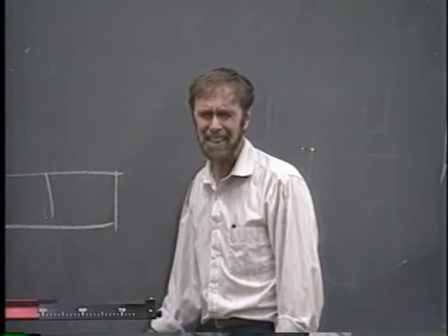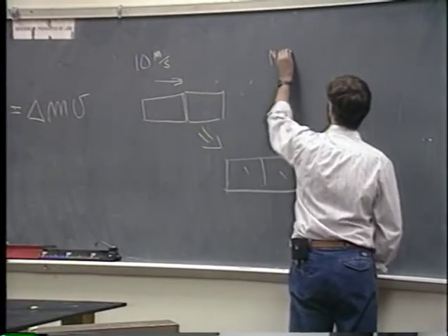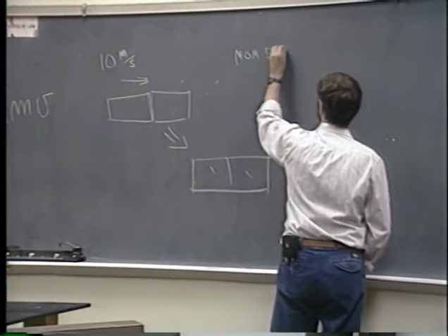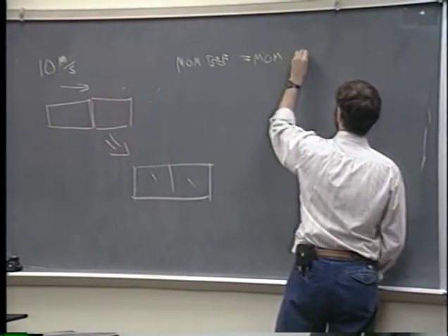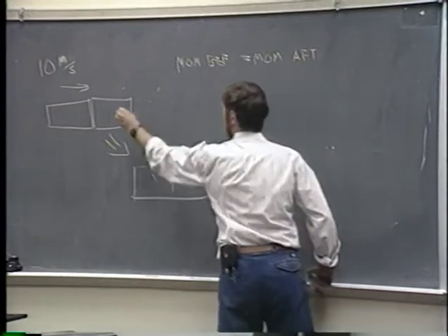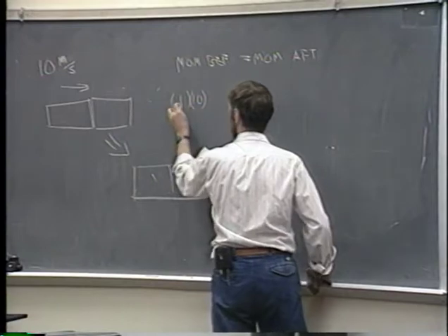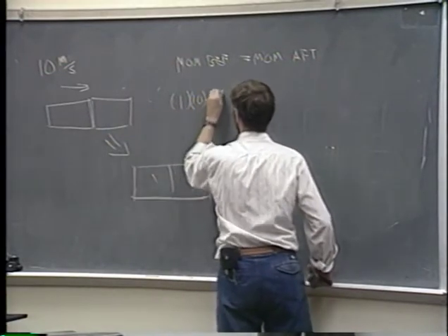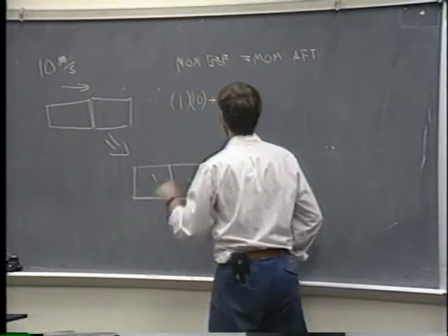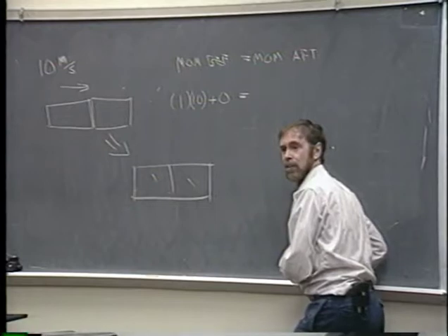Oh, not 10. Because now this is 1, this is 1. Look at this. To begin with, the momentum before is going to be equal to after. Before, I've got mass of 1 times 10, mv, plus, if this was a 0 at the beginning, remember it was 0? Boom, they hit. And then after they hit, I've got how much mass moving? 2.